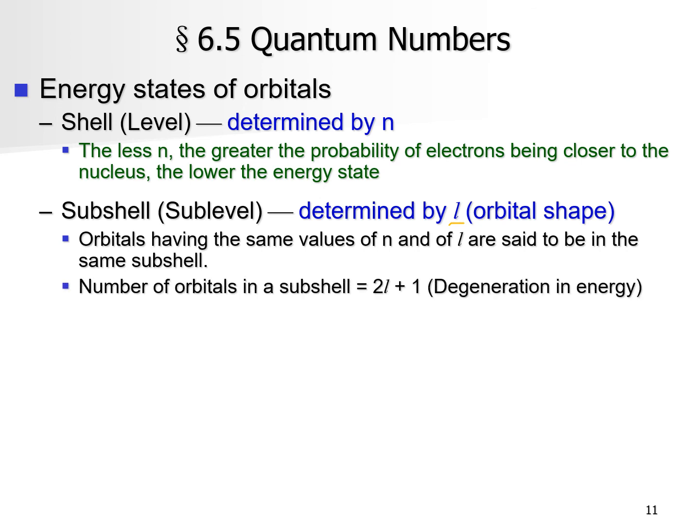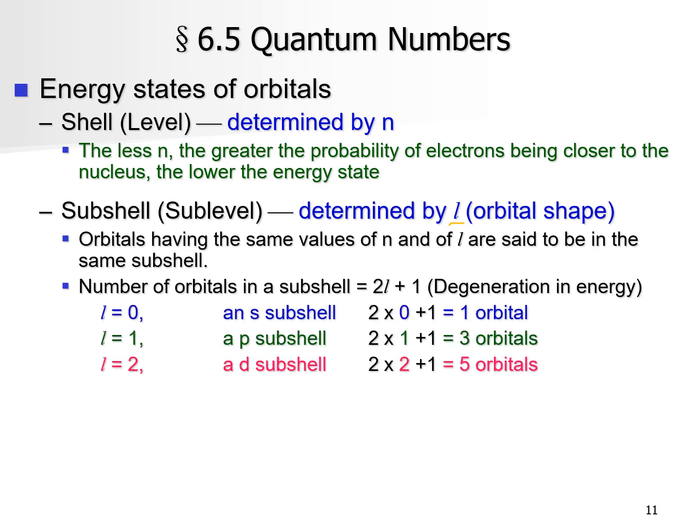The total number of orbitals in a subshell is equal to 2L plus 1, and we call that degeneracy in energy because they all have the same energy level. Why 2L plus 1? Because when L equals 0, we understand we are talking about an S subshell. There's only one orbital in it, as we exhaust the possible values of M sub L with the various L, as we just demonstrated in the previous slide.